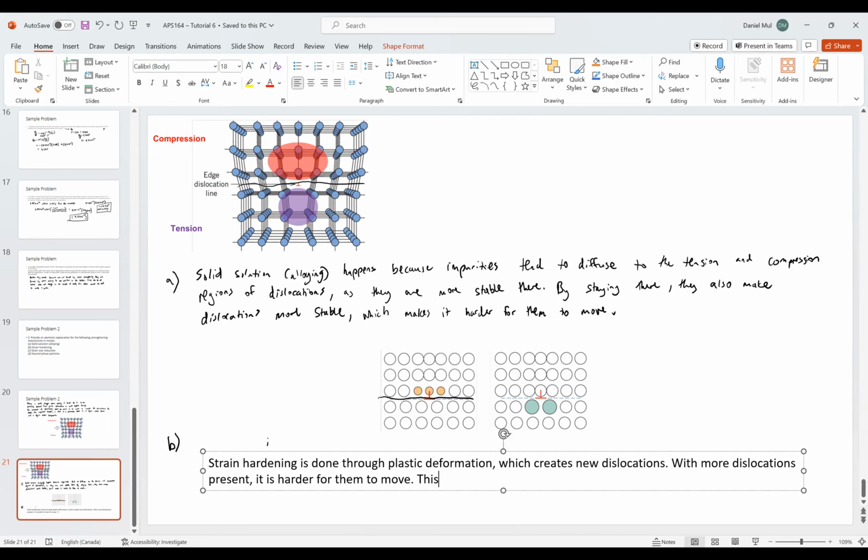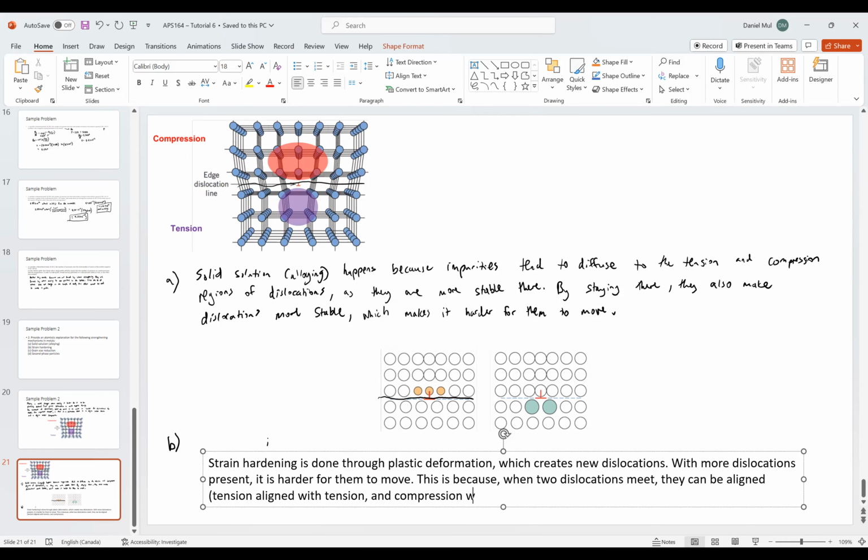This is because when two dislocations meet, they can be aligned, tension aligned with tension, and compression with compression, or not. If they are aligned, they repel one another.